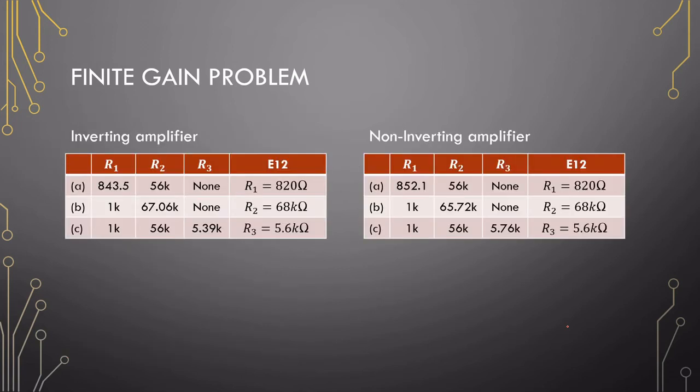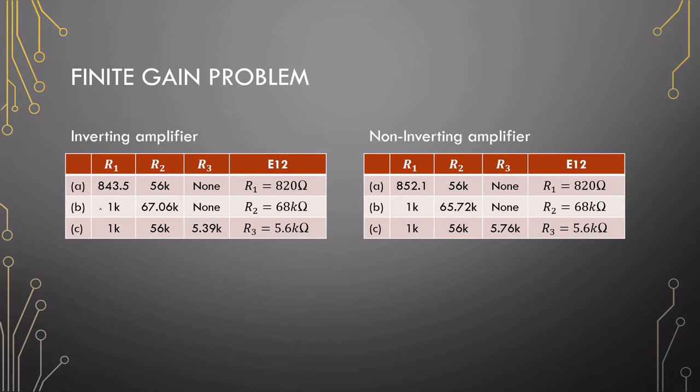Right, so I went ahead and tabulated my solutions. So in the first case, I find that we should replace resistor 1 with an 843 ohm resistor. So 820 is a good choice. That will make our gain a bit larger.